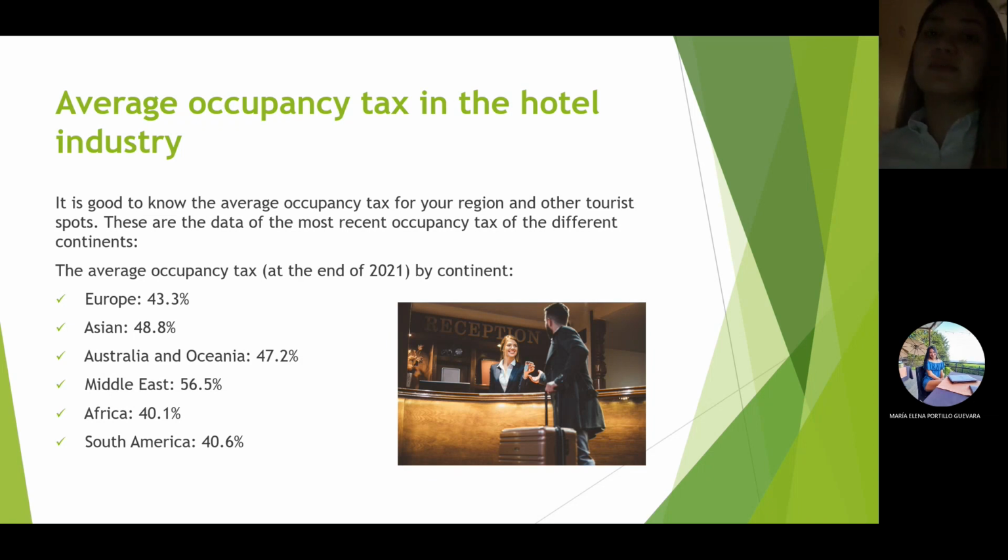For example, Europe uses 43%, Asia 38%, Australia and Oceania 47%, the Middle East has 56%, Africa 40%, and South America 40% too. So this percentage is about all countries.